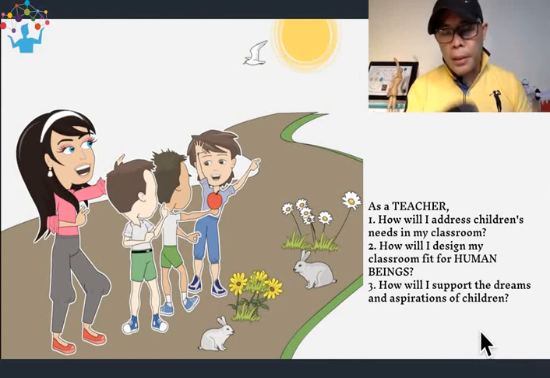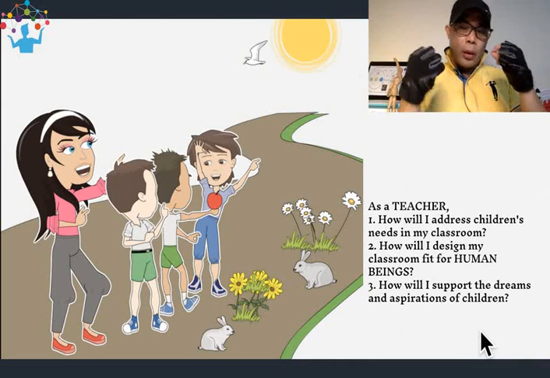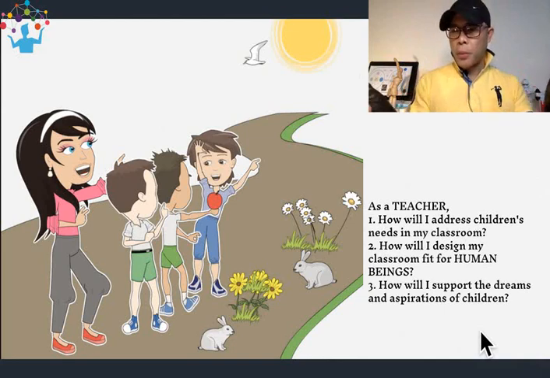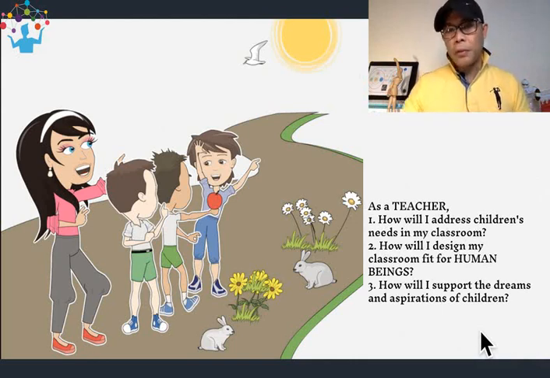And the third is, how will I support the dreams and aspirations of children? When I look at the teaching, learning, and assessment process, how will these dynamics in the classroom support the dreams and aspirations of children?